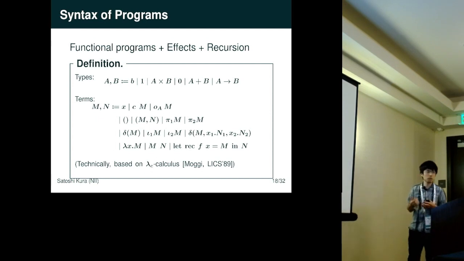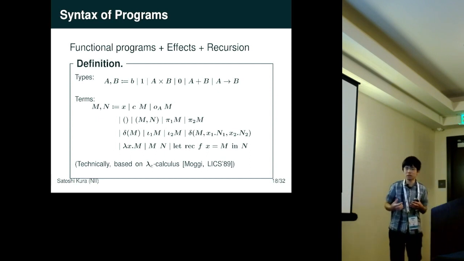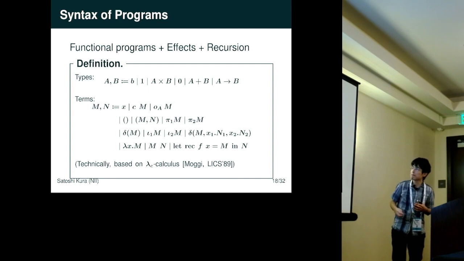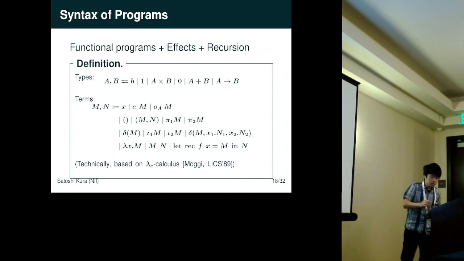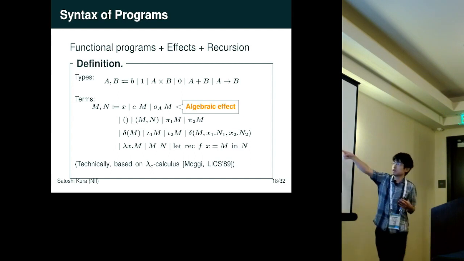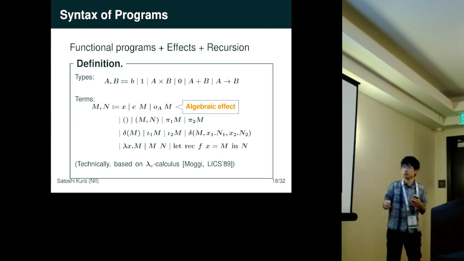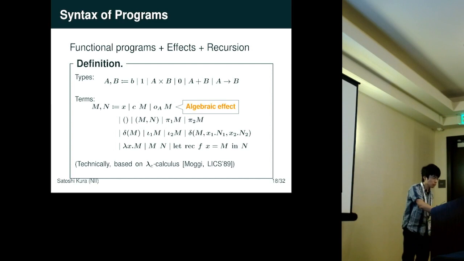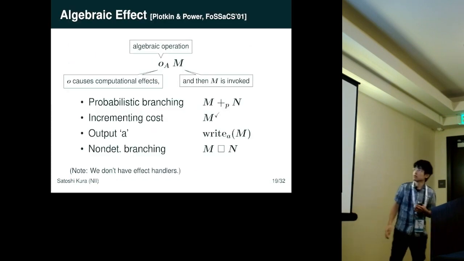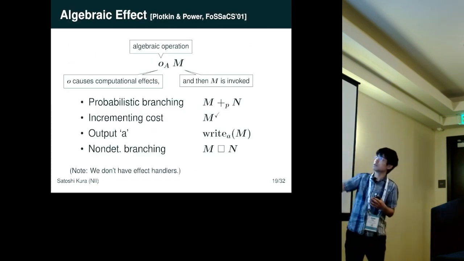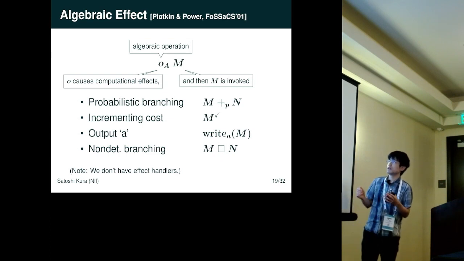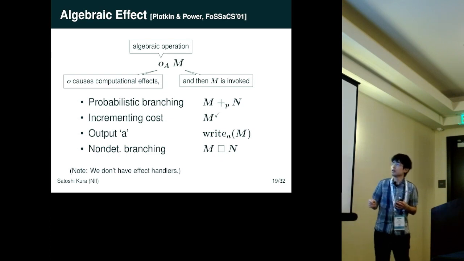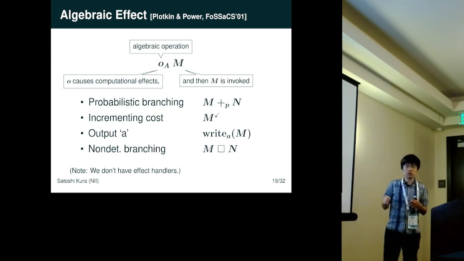But if you don't know lambda C calculus, you can just imagine a programming language like OCaml. And in this language, we use algebraic effect to incorporate computation effect. So in this expression, O is called algebraic operation, and it causes a computation effect.